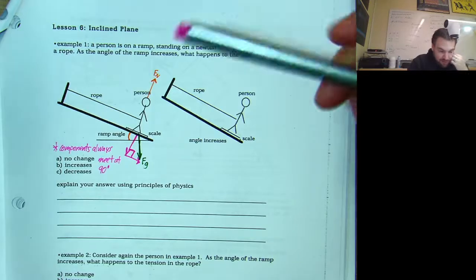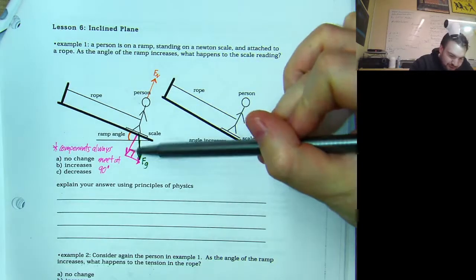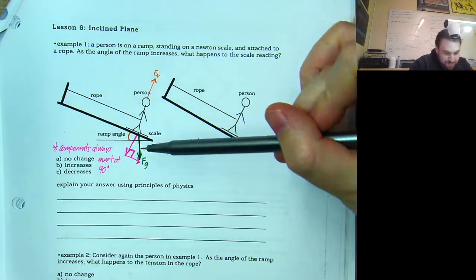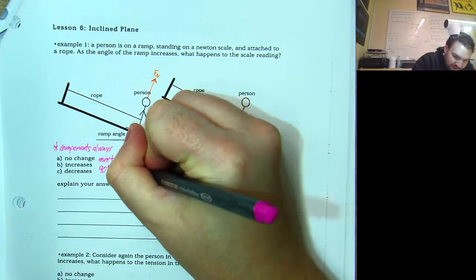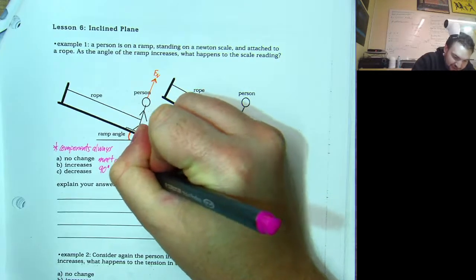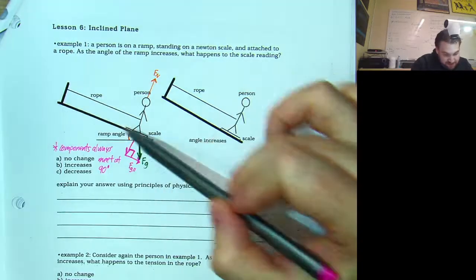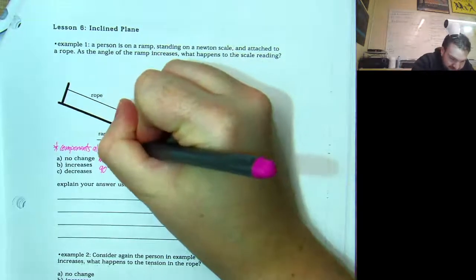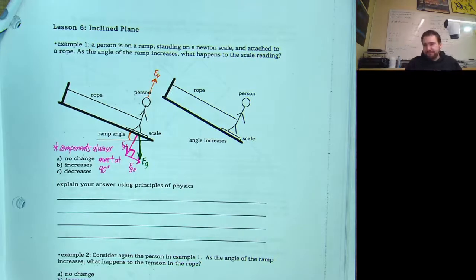And so what we've got here are the two components of gravity. I'm going to call this one Fg parallel, and I use these two lines to represent parallel, because this Fg is parallel to my slope, and I'm going to call this guy here Fg perpendicular, and that's the symbol for perpendicular.